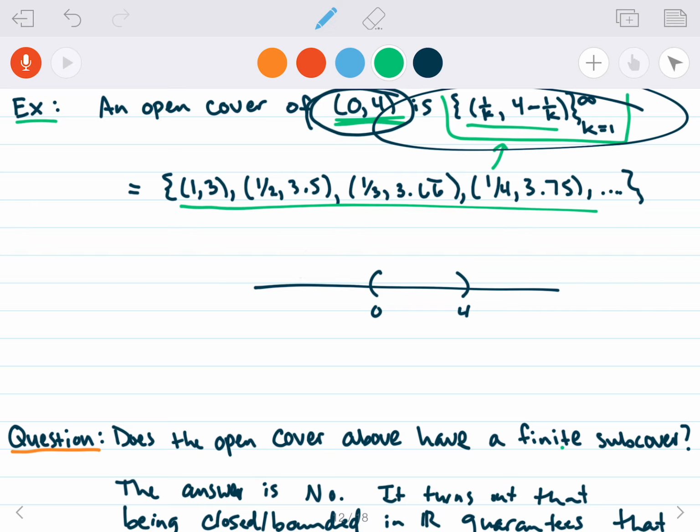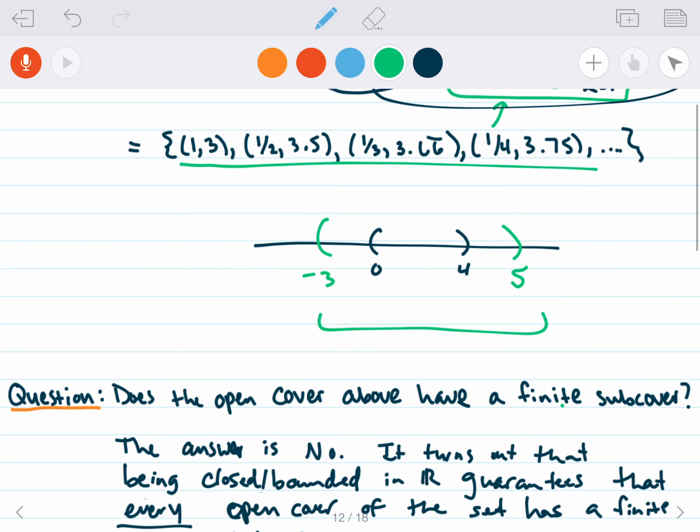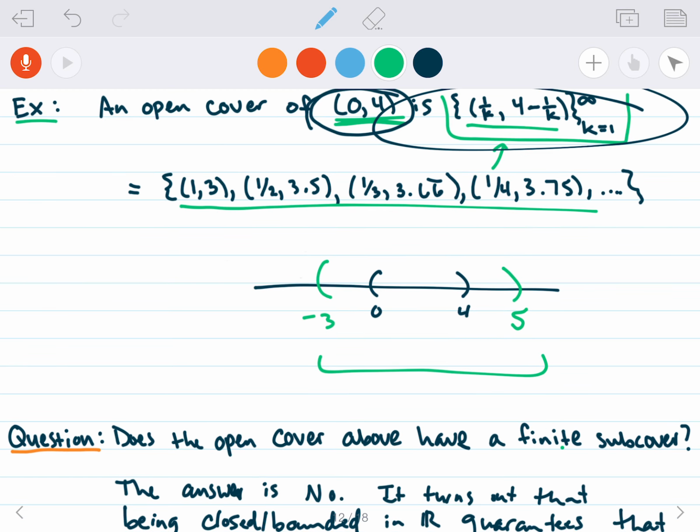How about -3, 5? That's an open cover of 0, 4, right? It's an open set and 0, 4 is completely contained in it. So yeah, we can find finite subcovers, but not every open cover has a finite subcover like this one does.